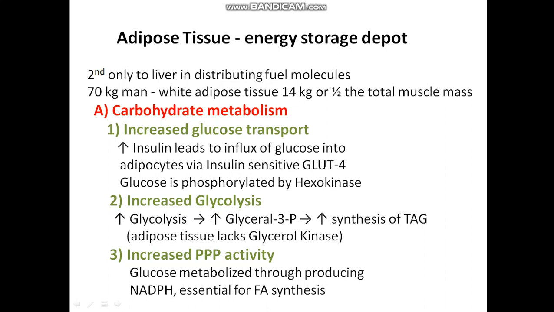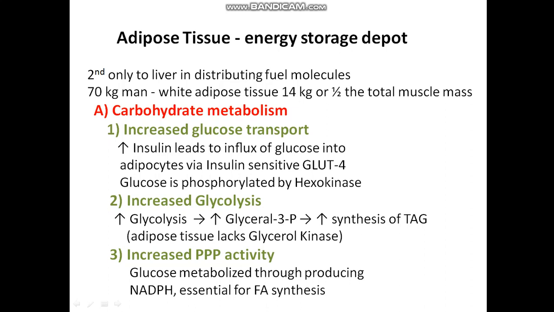What happens to carbohydrate metabolism in adipose tissue? There is increased glucose transport by GLUT4, and glucose is phosphorylated by hexokinase. Increased glycolysis leads to increased glycerol 3 phosphate, and that leads to increased synthesis of TAG.